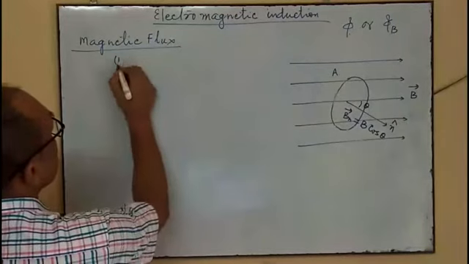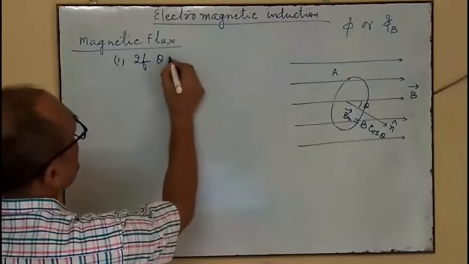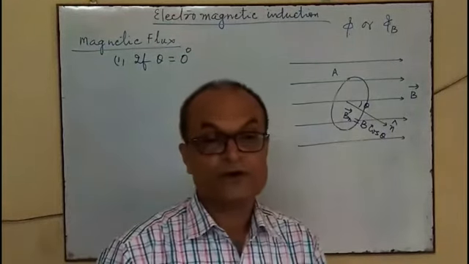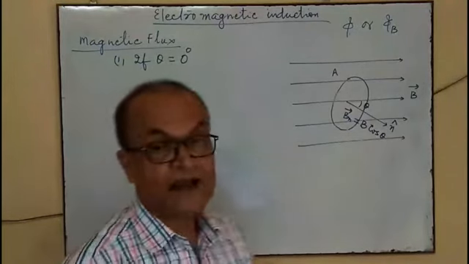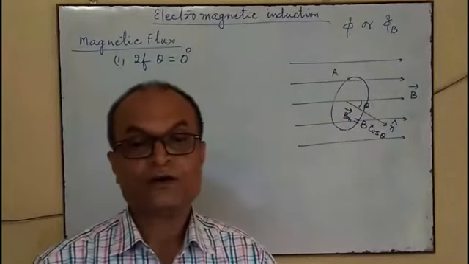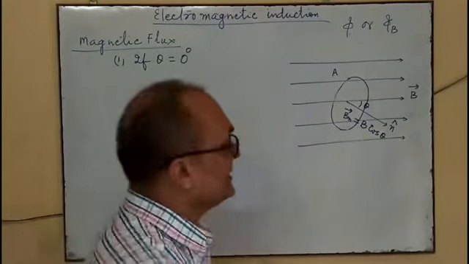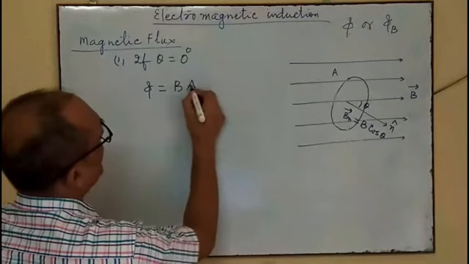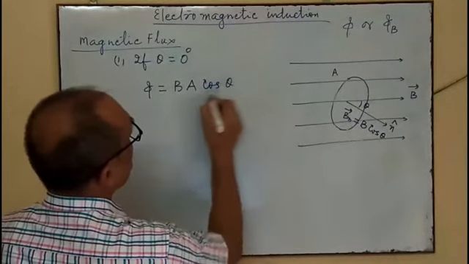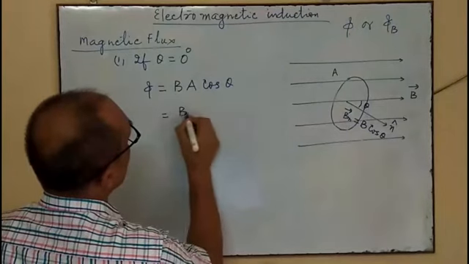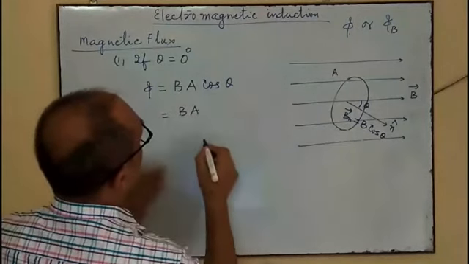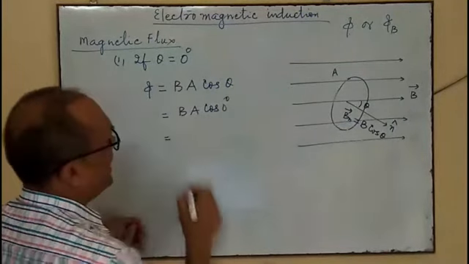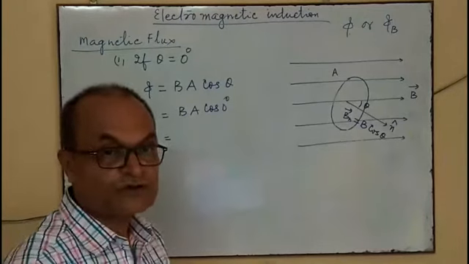Now in the first case, if theta is equal to 0 degree, that means uniform magnetic field is acting perpendicular to the plane of the surface. Then phi will be equal to BA cos theta, which equals BA cos 0 degree, and we know very well cos 0 degree equals 1.